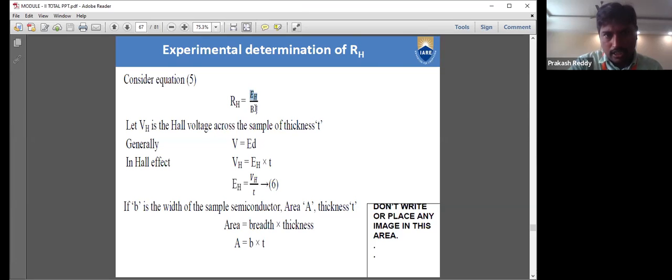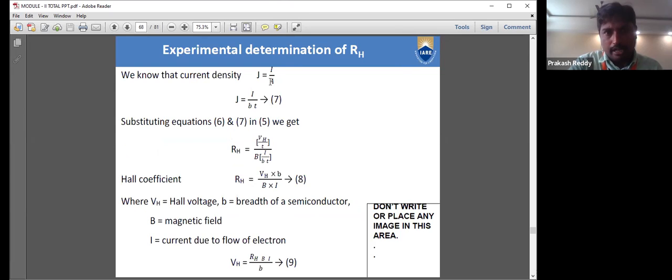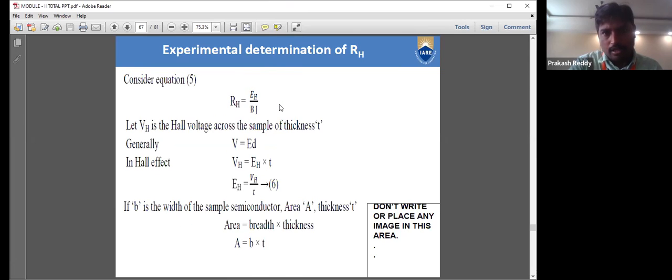After that, current density J equals I by A. For that, I am taking the area equals b into t. So when we substitute area equals b into t, I am writing the equation for current density J equals I divided by b into t, by substituting equation 7 and equation 6 in equation 5. This is equation number 5.